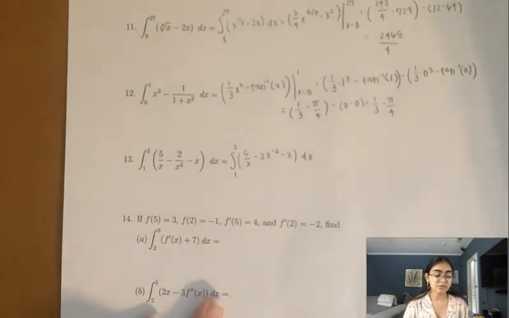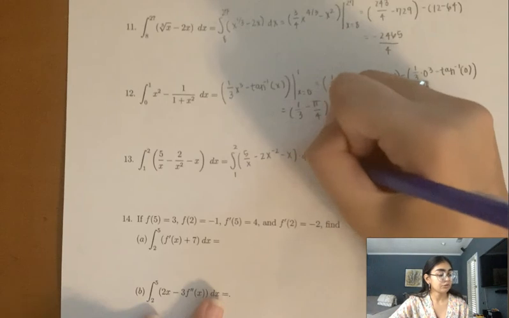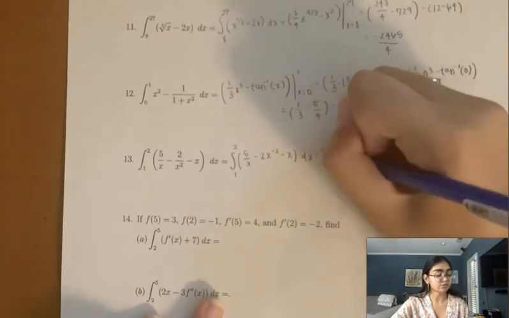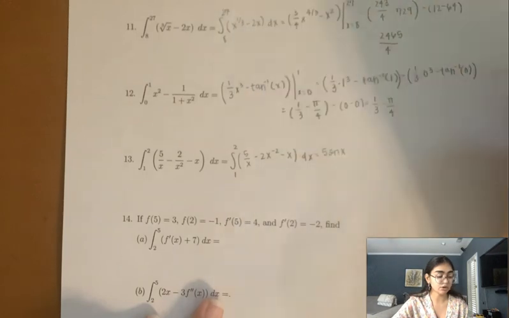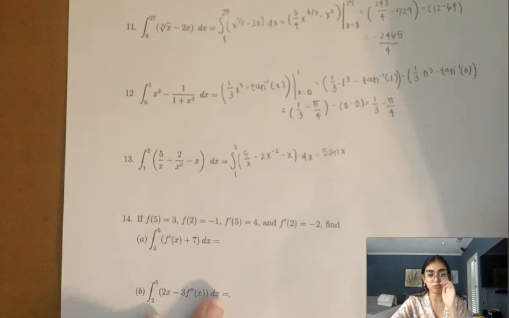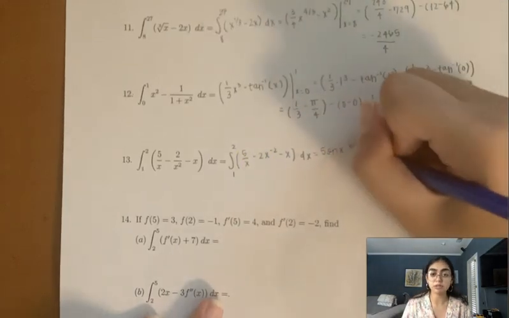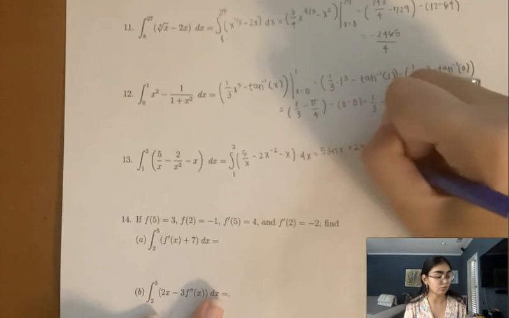So our antiderivative in this case will be 5 ln x plus 2x to the negative 1 using the power rule, because negative 2 plus 1 is negative 1. And if we then divide by that new exponent negative 1, we're going to get rid of the negative in front of the 2 right here. So it's going to be a plus 2x to the negative 1.